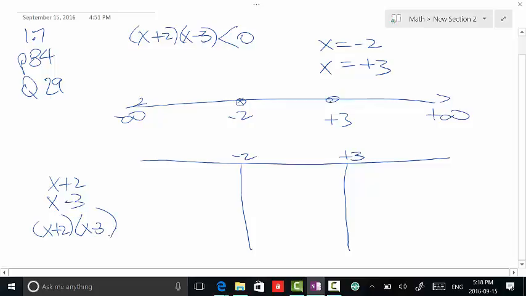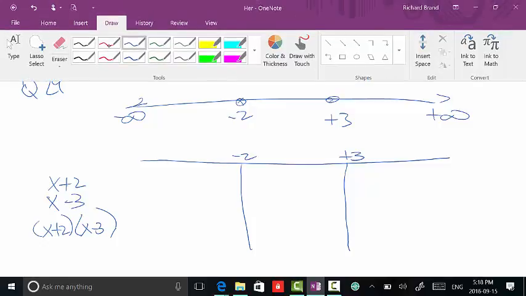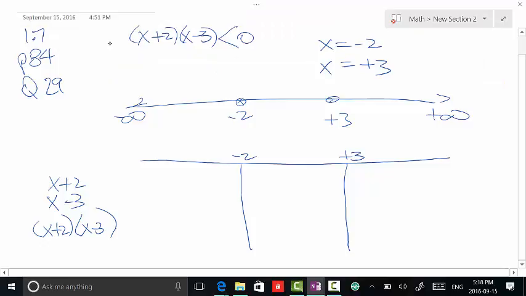And I'm going to test each of these expressions to see what their sign would be for values of x in each of these three different regions. So to begin with, I have to choose some values. So I'm just going to put the values I'm going to choose on the number line. I'm going to choose a value of -4, a value of 0, and a value of +4 for my testing.